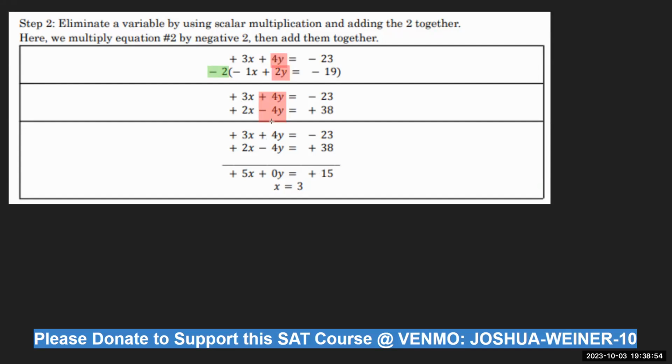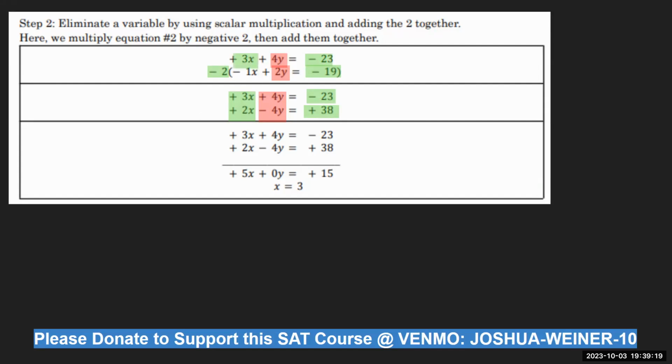If we multiply by negative 2, now we'll have negative 4y in the column for the y variables. Negative 2 times negative 1 is 2x, and negative 2 times negative 19 is positive 38. These other terms remain the same, negative 23 and 3x.